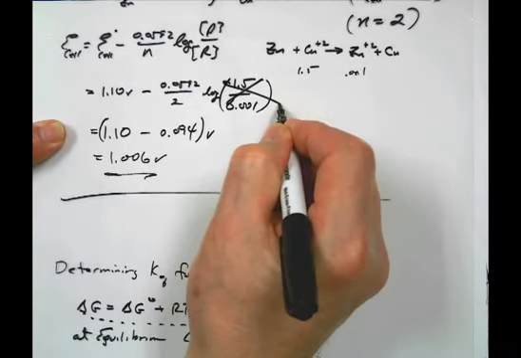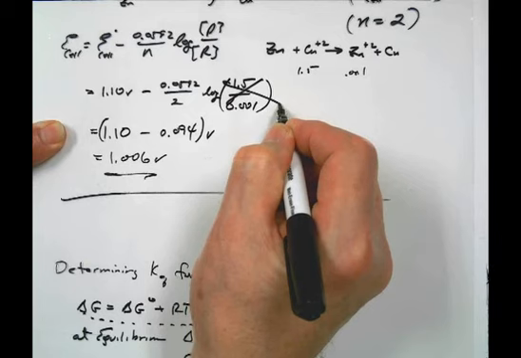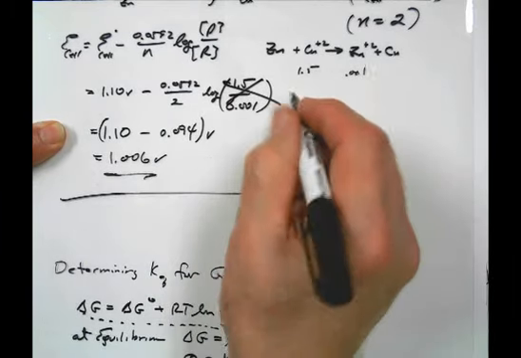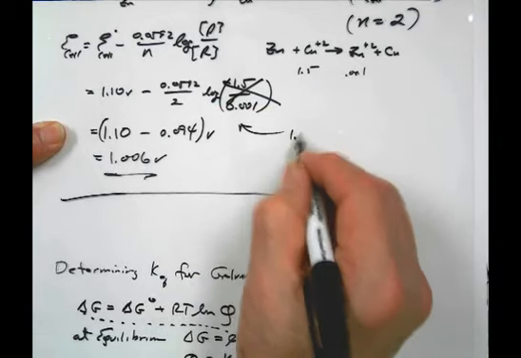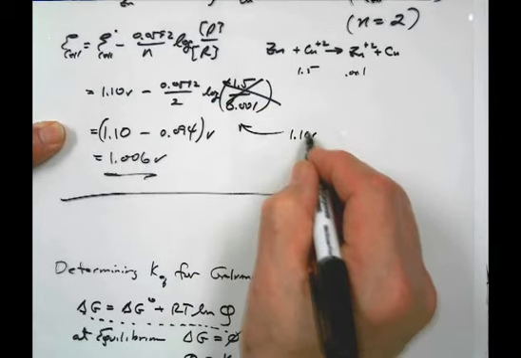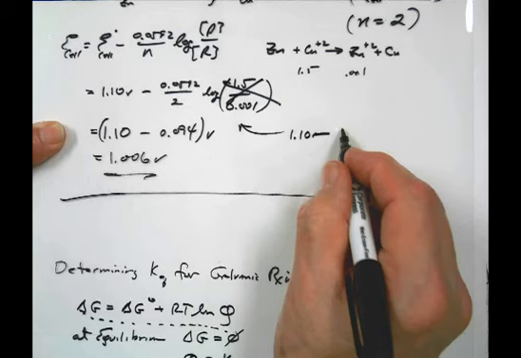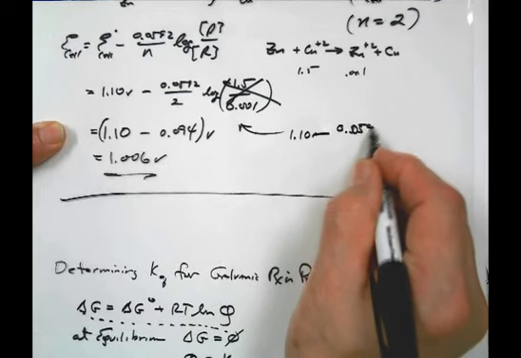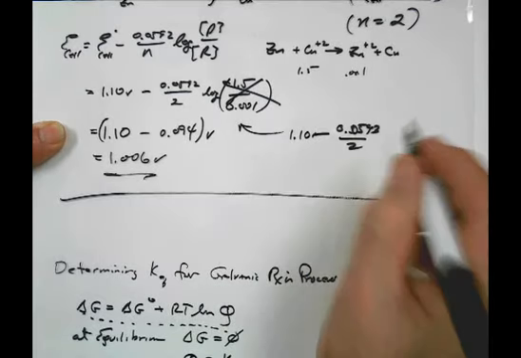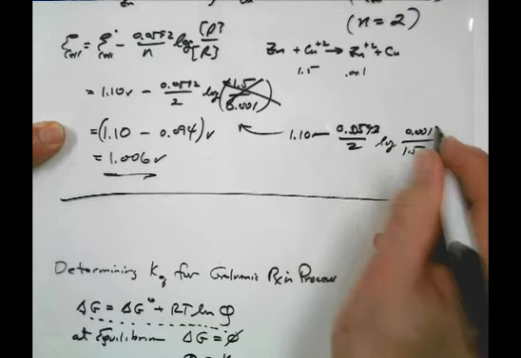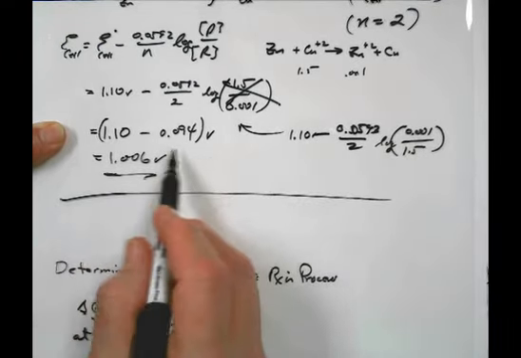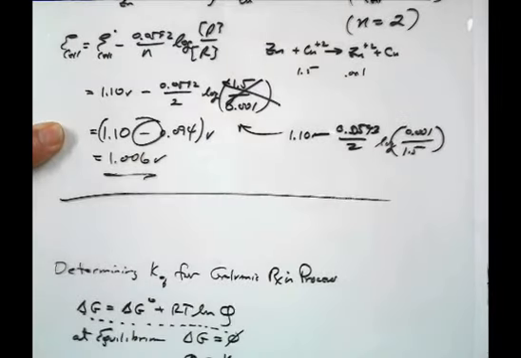So please go back and check that in your notes. I'm sorry, my bad. Senior moment. So that should have been right here: 1.10 minus 0.0592 over 2 log 0.001 over 1.5. The reason I got that, this should have been a positive when it finished.